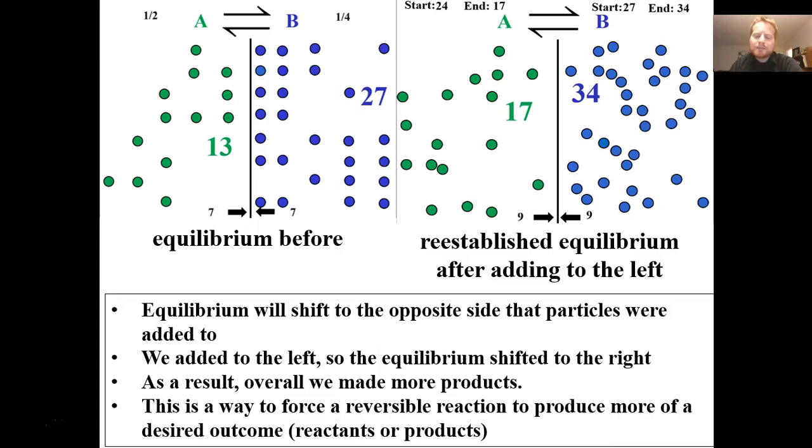This is a way to force a reversible reaction to produce more of a desired outcome, reactants or products. Whichever one you desire for your company, your corporation that you're trying to make a certain product, you can manipulate to make this happen. Because we added reactants to the left side, the equilibrium shifted to the right. Equilibrium will always shift to the opposite side that you add to, essentially. And we were able to make more products because of it.